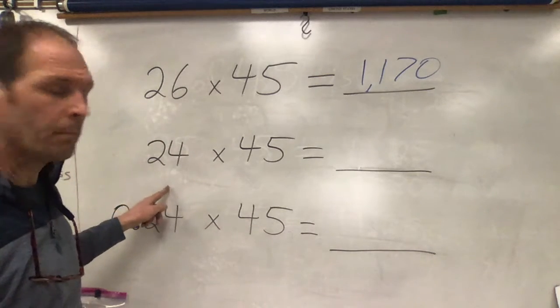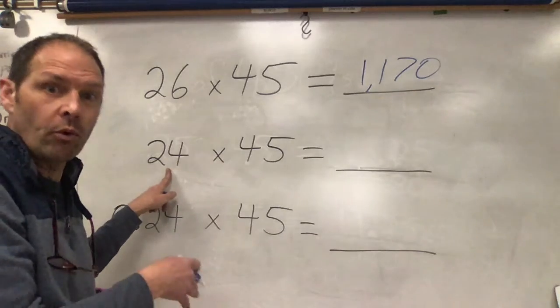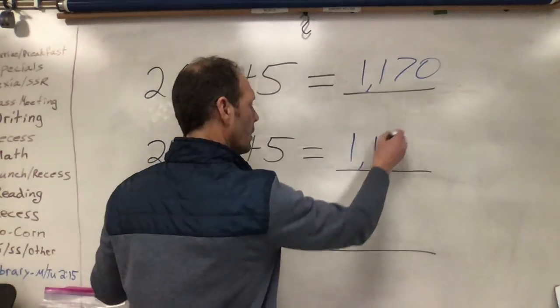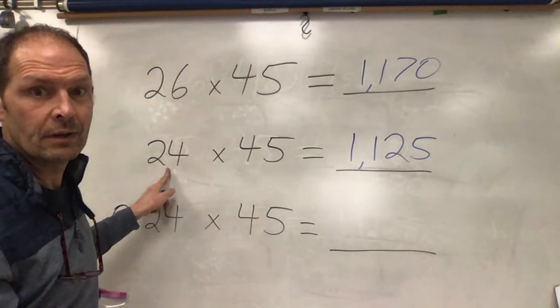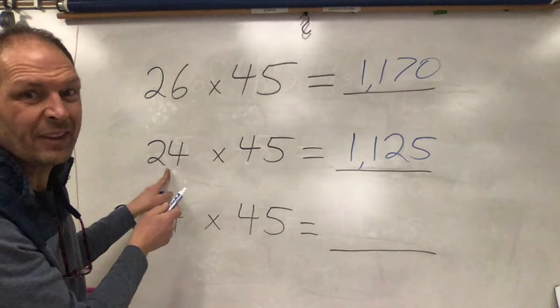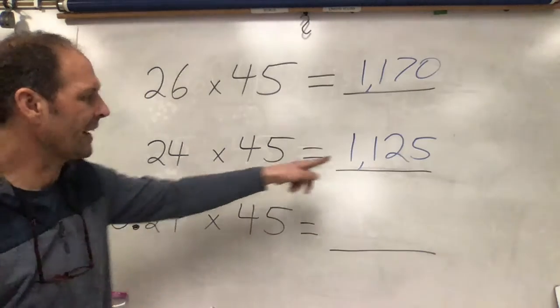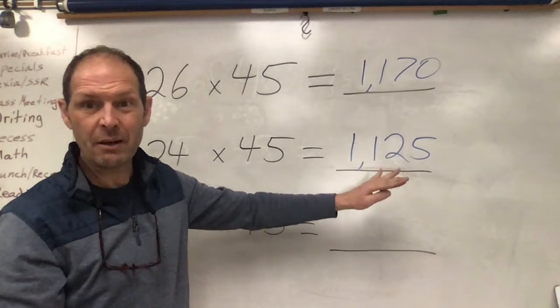Now this one's the opposite. Instead of having 25 45s here, we have 24 45s. So I'm going to start with 25 times 45. And now we actually don't have 25 45s. We only have 24. We have one less 45 this time. So I've got to get a 45 out of here. Now there's a lot of different ways you could think about this.